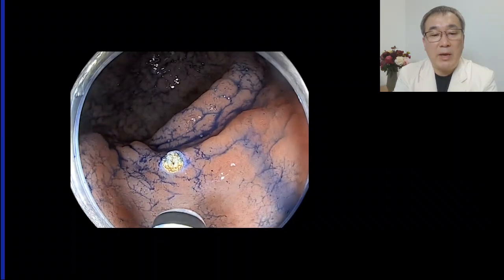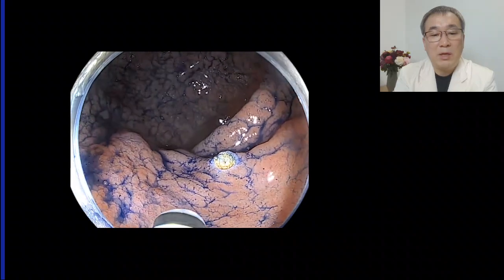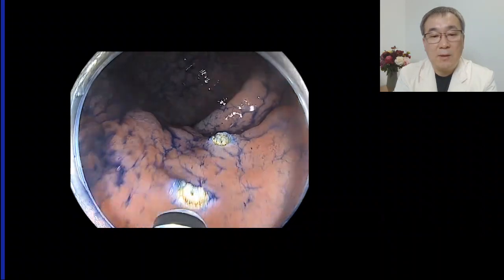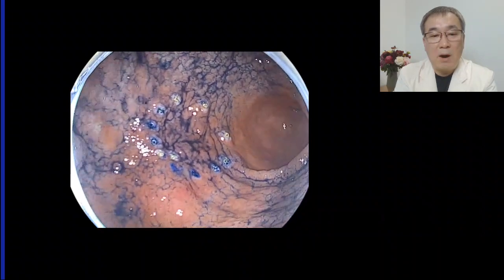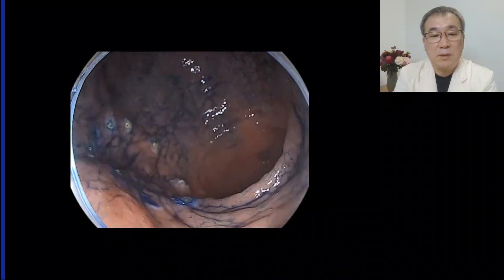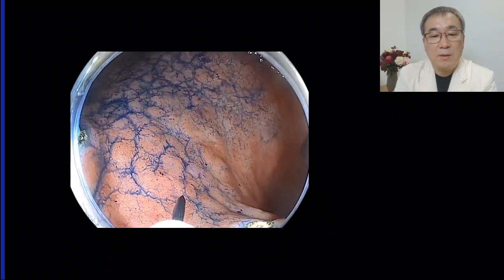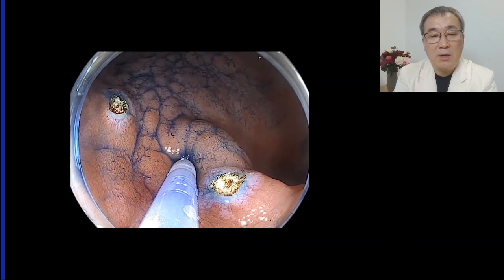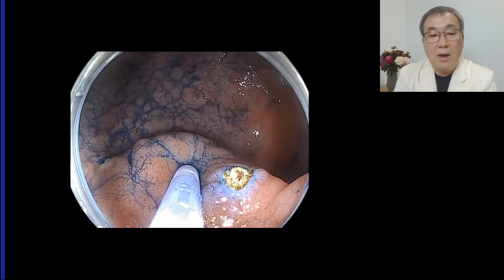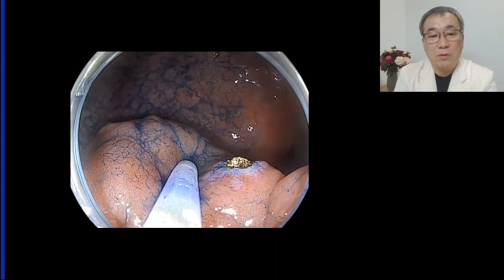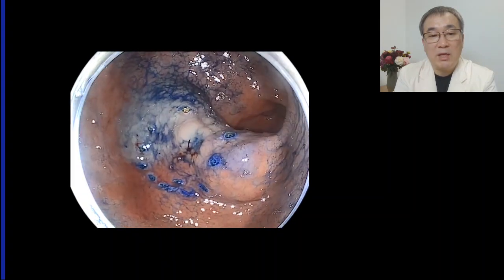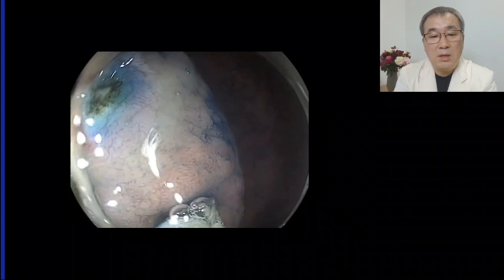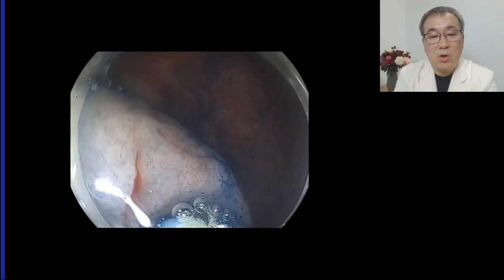Now I try marking with Splash M knife in retracted position. Marking is done like this. I usually start cutting from the distal margin. Submucosal injection is done like this. Initial circumferential cutting is done like this.